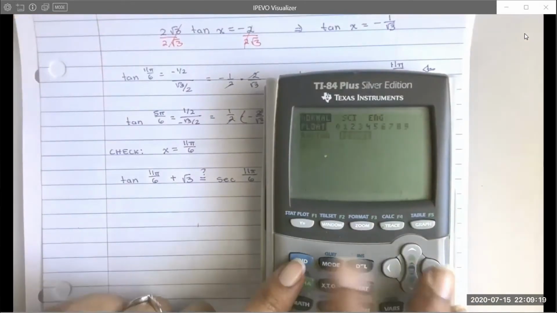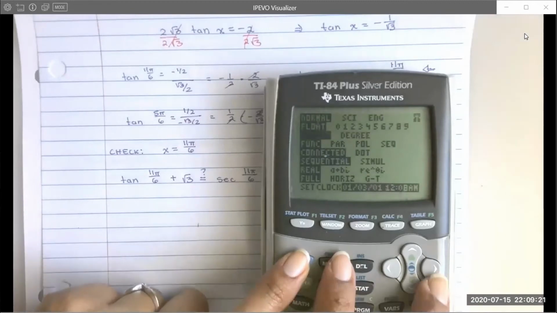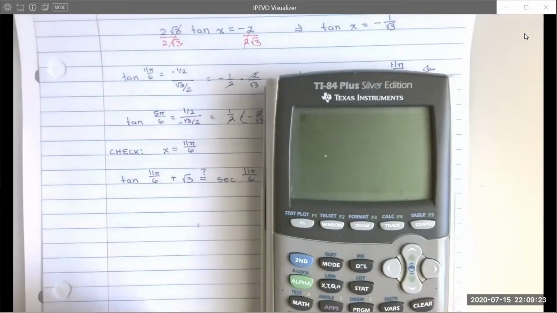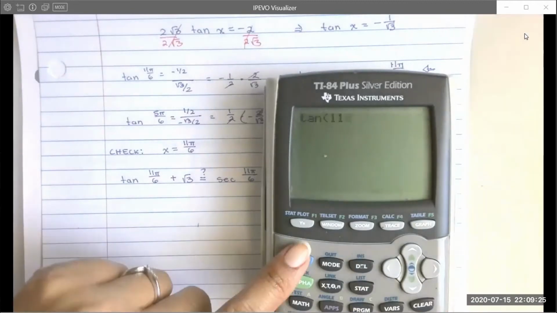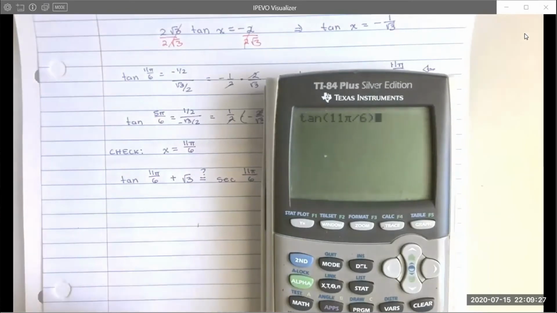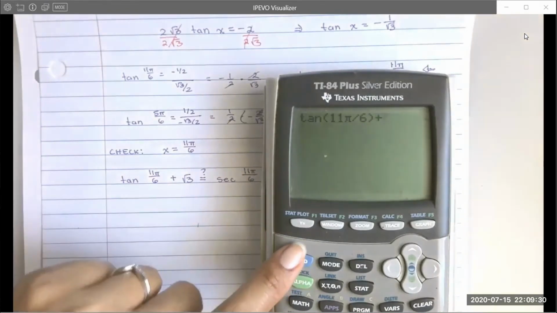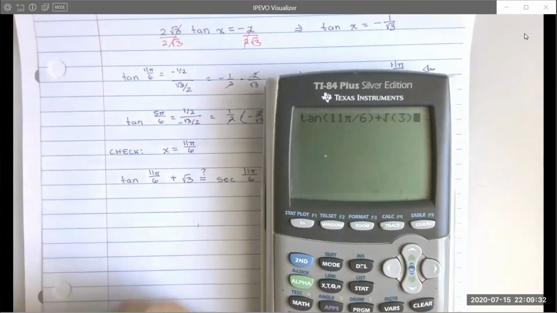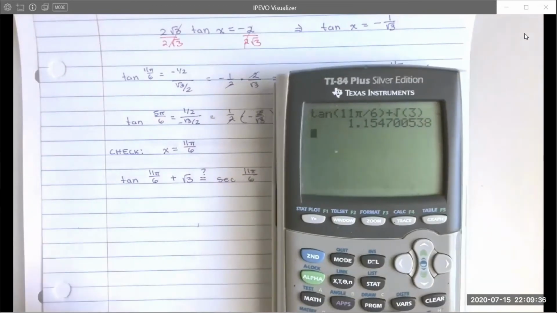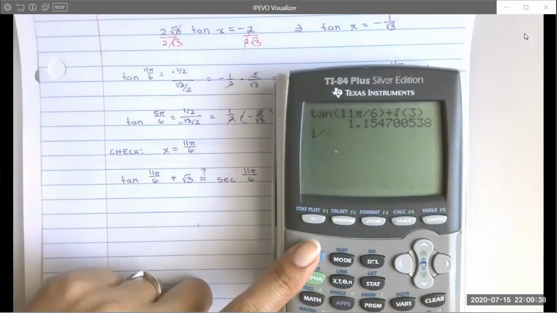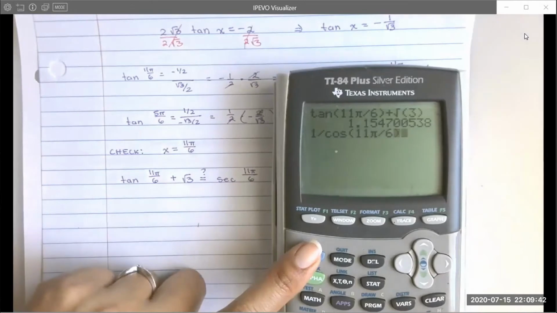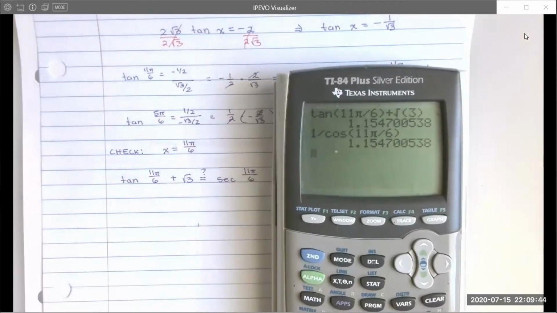Make sure that you are in radian mode. So I have tangent 11 pi over 6 plus radical 3. That's giving me that number. Now secant, I don't have a secant key, so I'll have to write it as 1 over cosine of 11 pi over 6. Same number. Okay, so far that looks good.